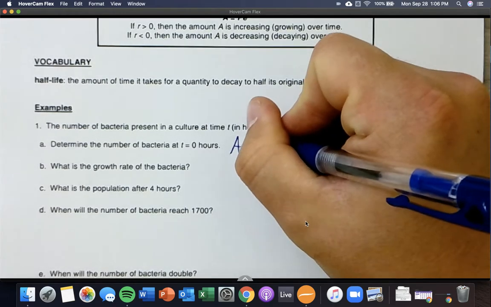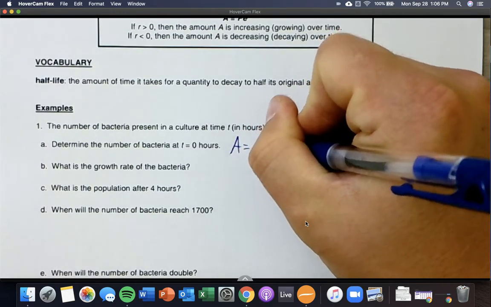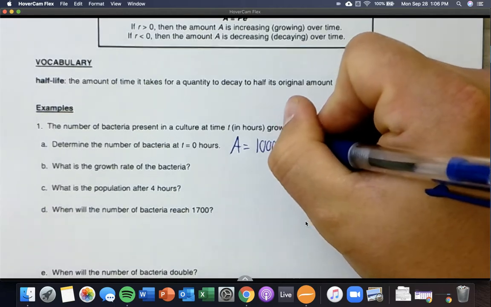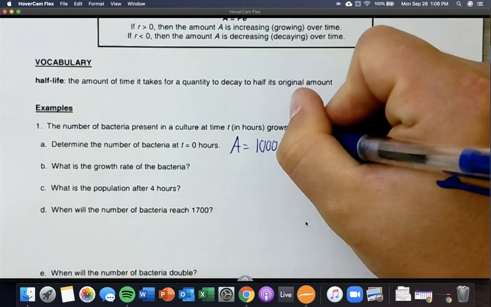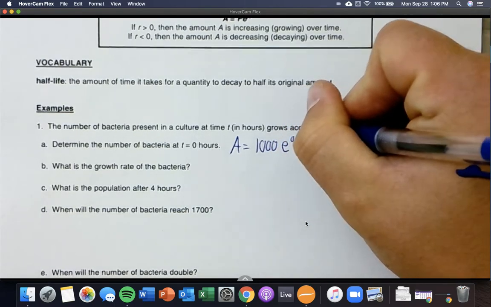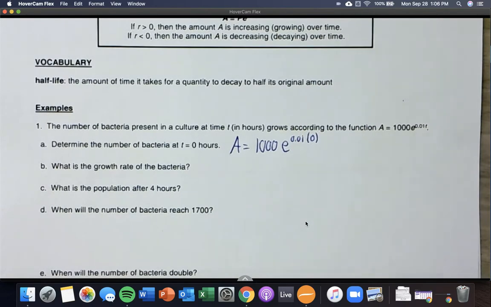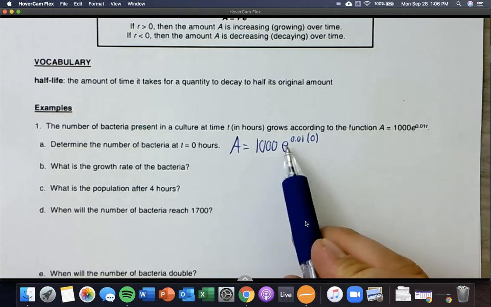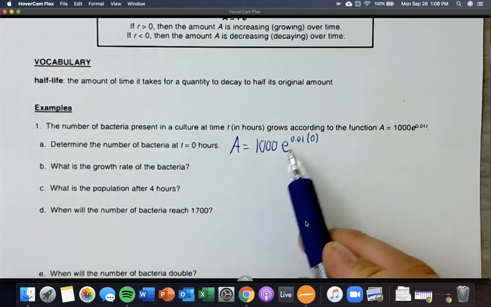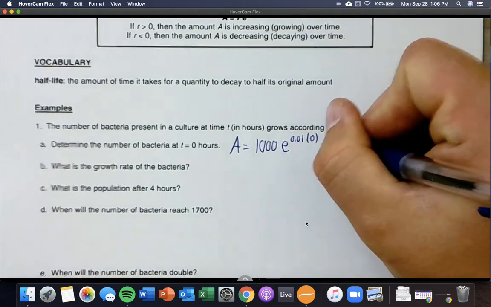So we would have A equals 1000 times e raised to the 0.01 times 0. We know anything times 0 is just 0, so this would really be e raised to the 0.